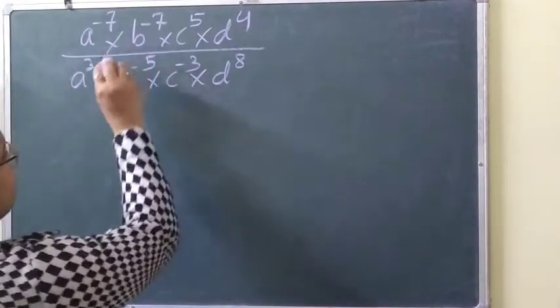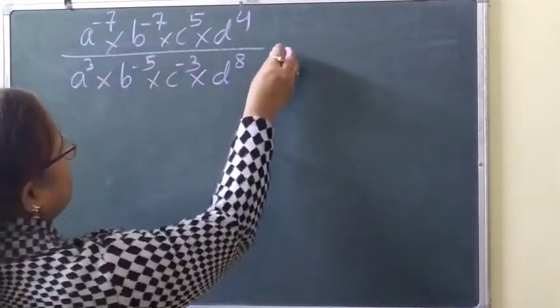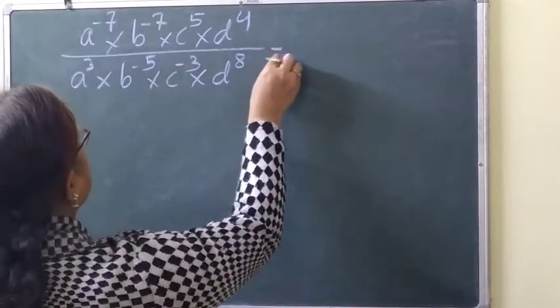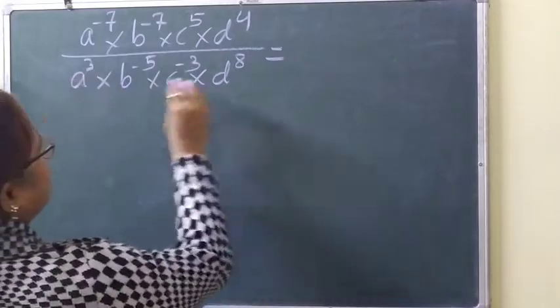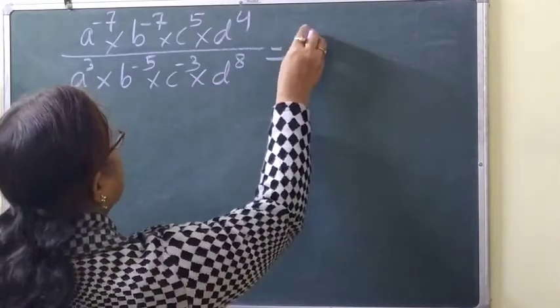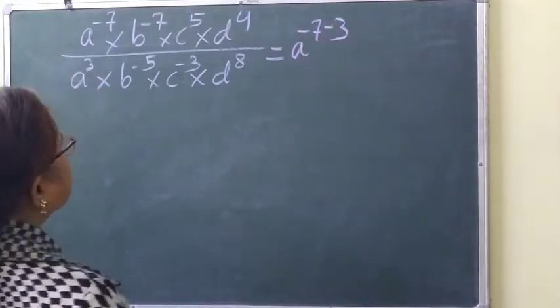So first we will see minus 7. First we will write here a to the power minus 7 and here a to the power 3. So we will write a to the power minus 7 minus 3. Okay.